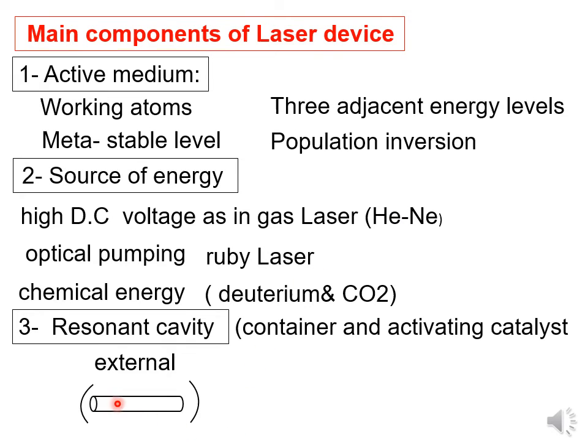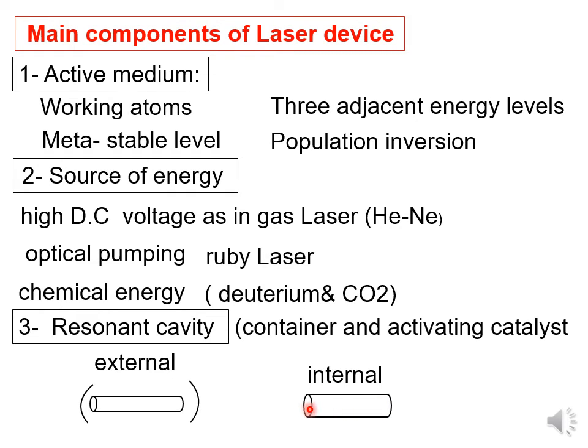So this is the container which contains the working atoms, and there are 2 vertical parallel mirrors, one of them 100% reflecting and the other 99%. This resonant cavity may be internal, like in the case of ruby laser, in which the ends of the container which contains the working atoms are polished from the 2 ends, forming mirrors.